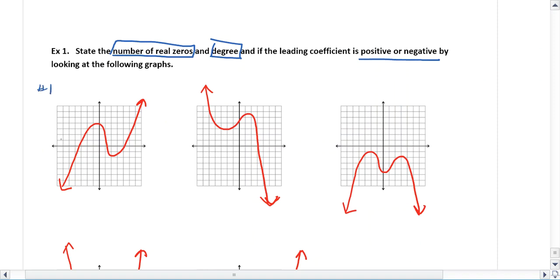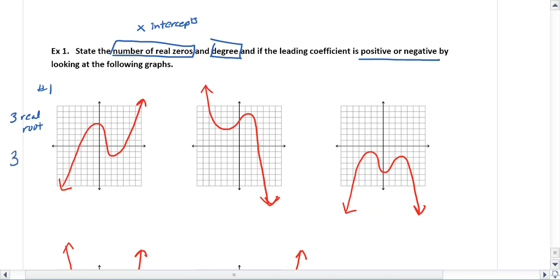How many real zeros does it have? Well, you can tell the real zeros by how many times it crosses the x. So we're looking for x-intercepts. So this has 1, 2, 3. This has 3 real roots. And now we need to determine the degree. So look at how many turnarounds there are. There's 1, 2 turnarounds.